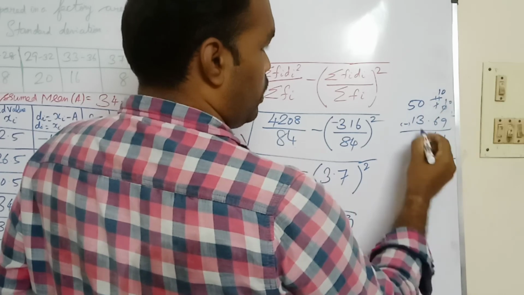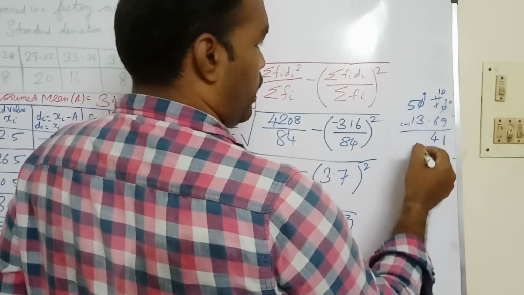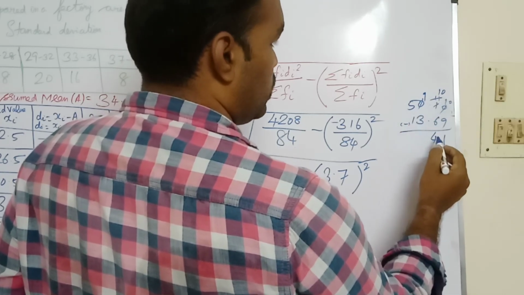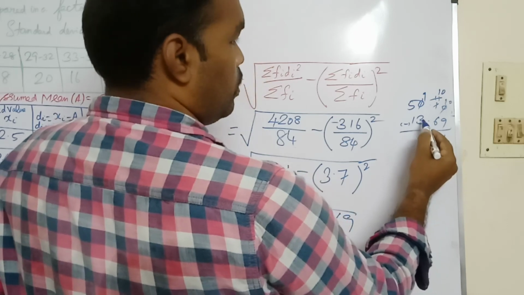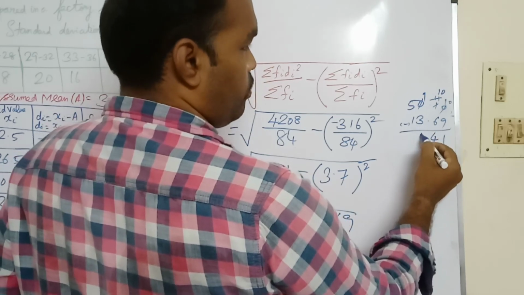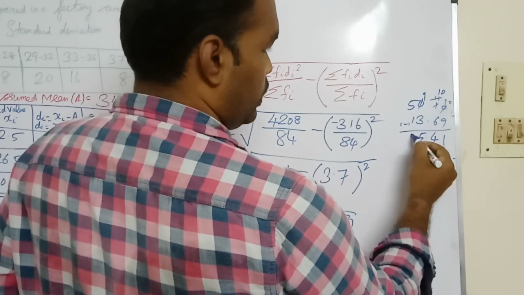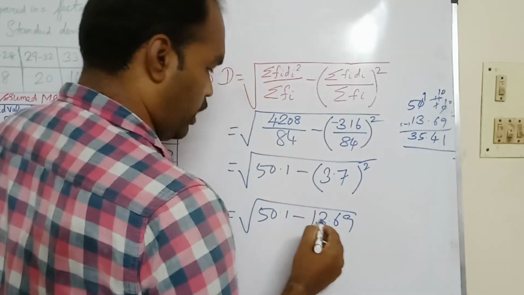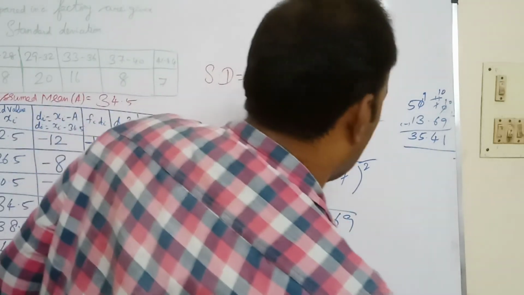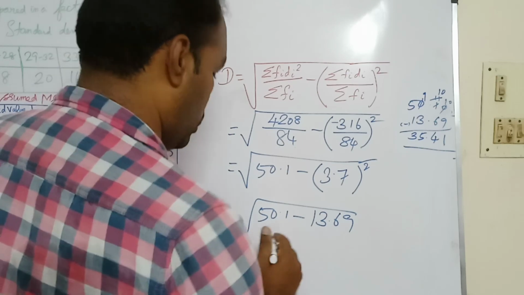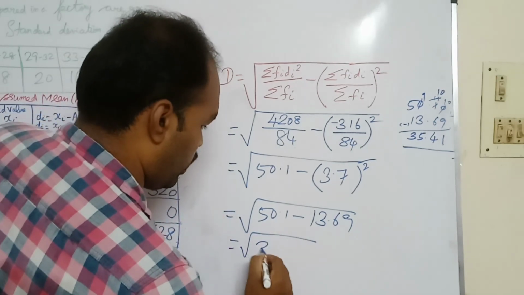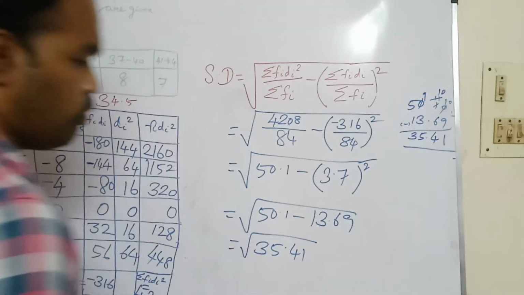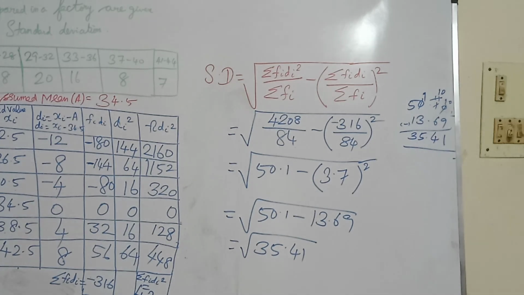Because 10. Here 9. How much? 5. Then 3. So 35.41. This is the value.